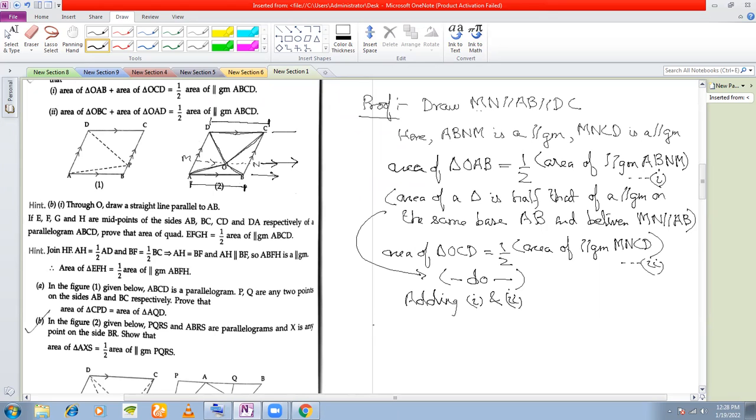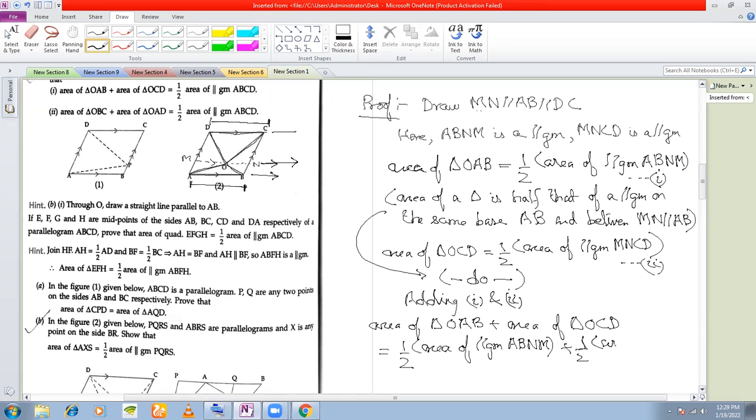Adding 1 and 2, what will I get? Area of triangle OAB plus area of triangle OCD must be equal to half area of parallelogram ABNM plus half area of parallelogram MNCD.